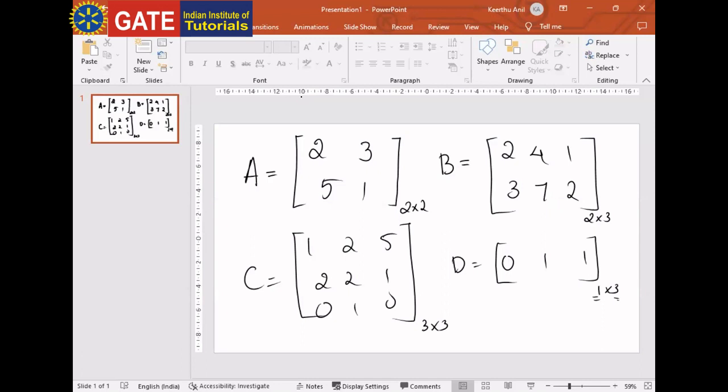Got it, right? So you can give the chapter heading as matrix.